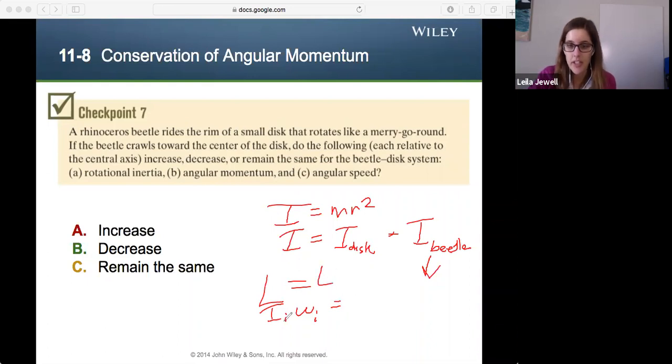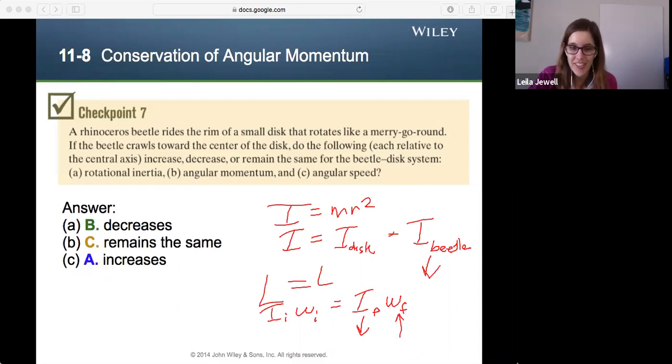If it has to stay the same, then the initial must be equal to the final of each of these. That equation that we just saw that I highlighted before. And so if our rotational inertia in the final case has gone down, then what's going to change? Our speed better go up. That beetle is going to be moving a whole lot faster. So sure enough, angular speed does increase there.